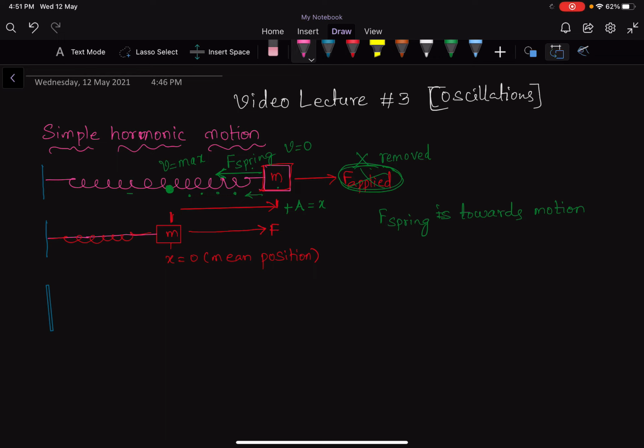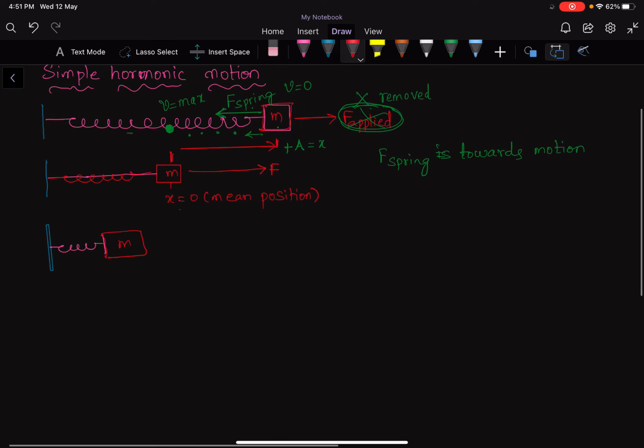The same spring will be compressed here. I am taking this as the mass. This is x equal to 0 position, and this is x equal to a. When it overshoots the mean position, the spring force exerts an opposite force on the object.